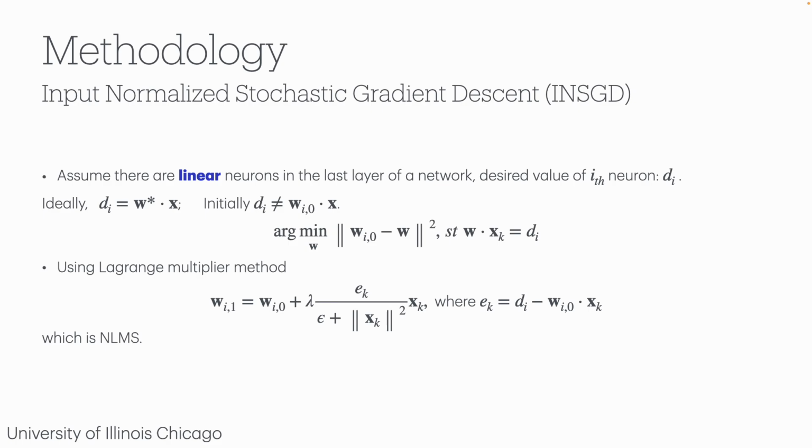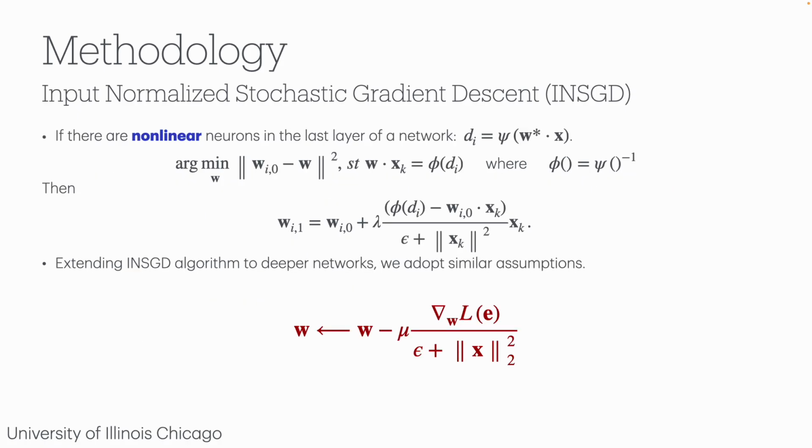The problem is the optimization of the weights, and we want to find a set of weights that returns the minimum of the squared error of the weights, such that the dot product of the weight and the input at the kth iteration equals di. Using the Lagrangian multiplier method, we can find an adaptive iterative algorithm which is itself equal to the normalized least mean square equation. So here we use the square of the L2 norm of the input to normalize the update term.